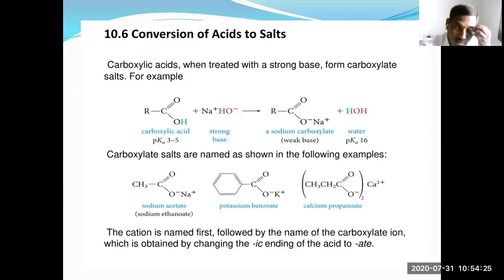Carboxylic acids are converted into salt in one of the reactions. Carboxylic acids are acids. These react with a base, and you can get the salt of the carboxylic acid.